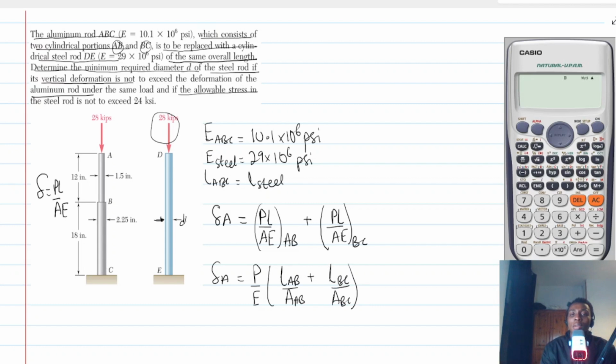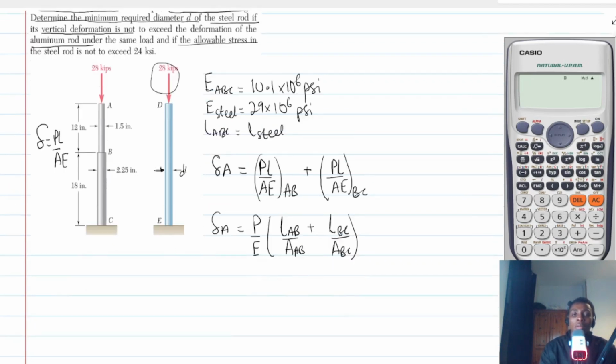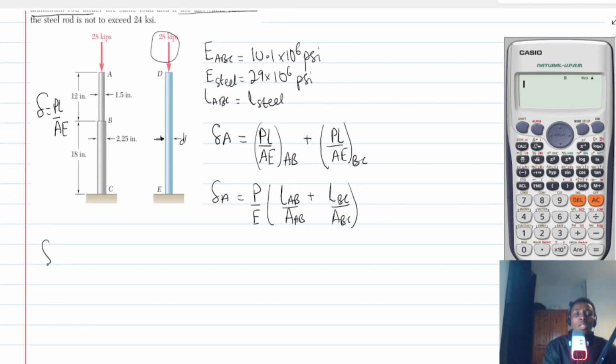All right, now let's put in the values and solve for it. Okay, so the deflection in A will be the load, which is 28,000 psi, divided by the Young's modulus for aluminium, which is 10.1 times 10 to the power 6, and then multiplied by the length.